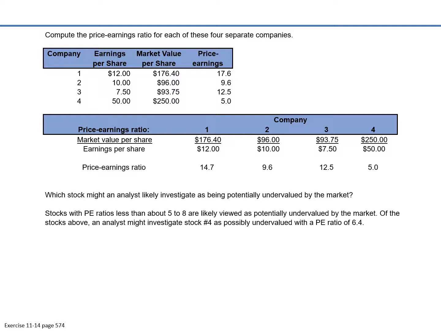Stocks with PE ratios less than about 5, anywhere in that 5 to 8 range, are viewed as potentially undervalued. So the analyst might investigate stock number 4 as possibly being undervalued with a PE ratio of, that should say 5.